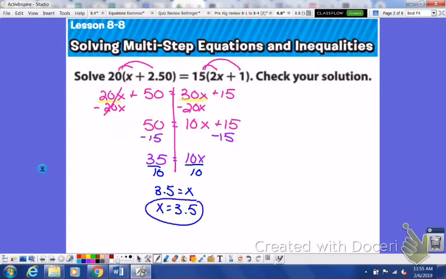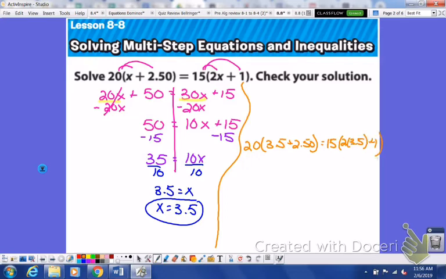Now to do our check, that orange over here. So everywhere that you see an x, we're going to replace it with a 3.5. So 20 times (3.5 plus 2.5) equals 15 times (2 times 3.5 plus 1). I'm squeezing it in here.